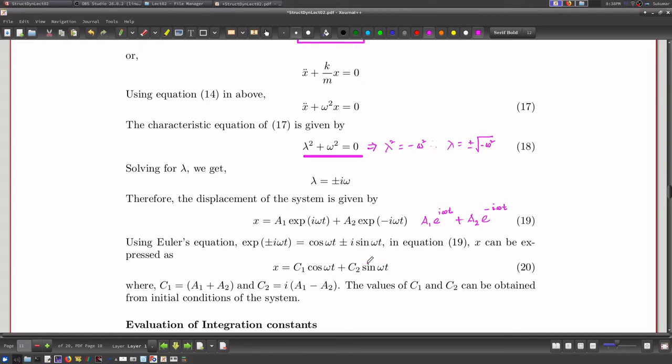Now I know from Euler equation that e to the power plus minus I omega t is cos omega t plus minus I sin omega t, and therefore I will write this value in this equation. So from here what I'll get?